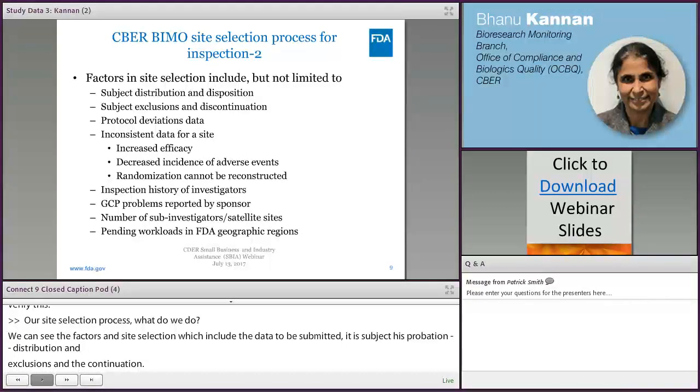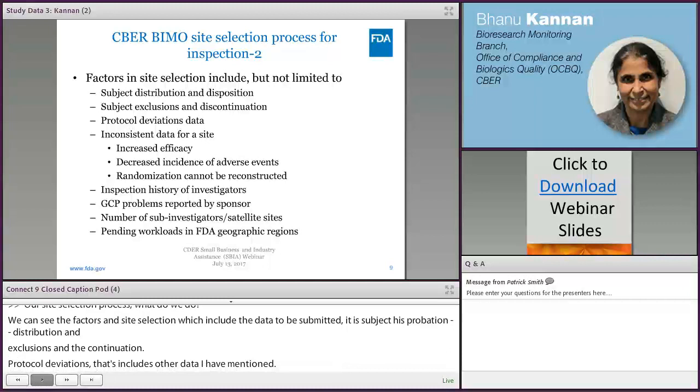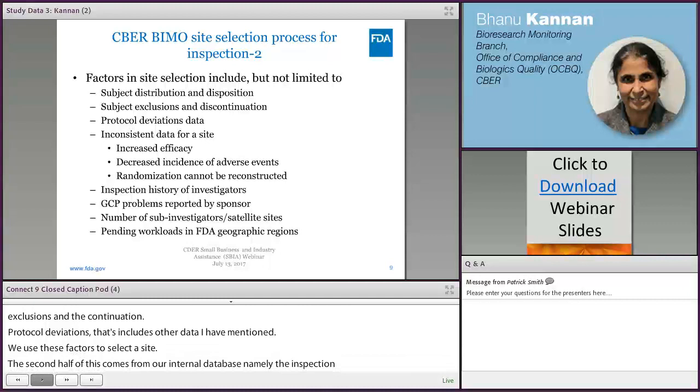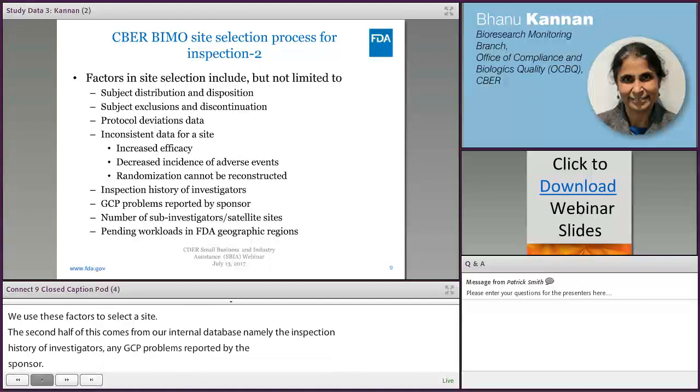And the second half of this comes from our internal database, namely the inspection history of investigators and any good clinical practice (GCP) problems reported by the sponsor, and the number of sub-investigators. And last but not the least, the pending workload in the FDA geographic region that is actually conducting the inspection.